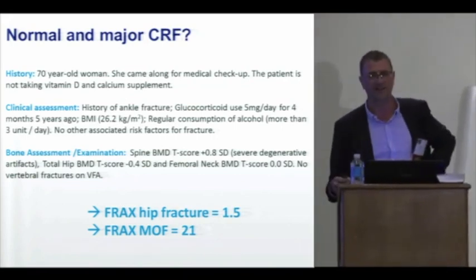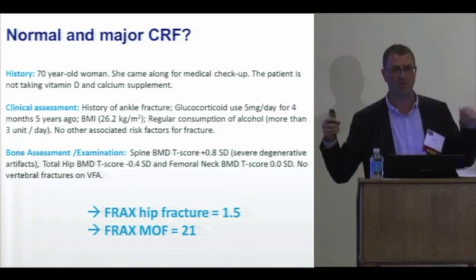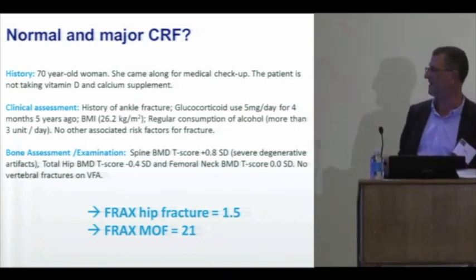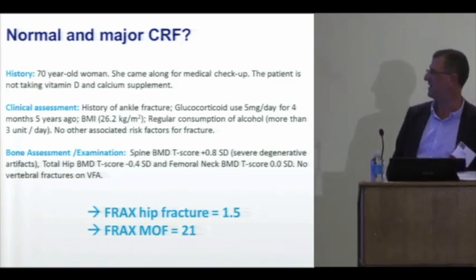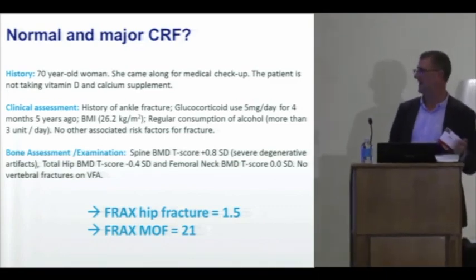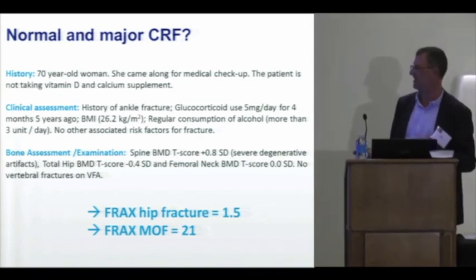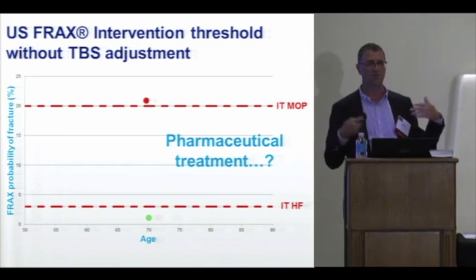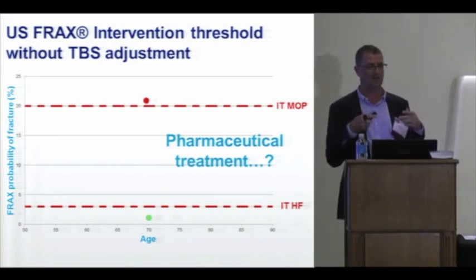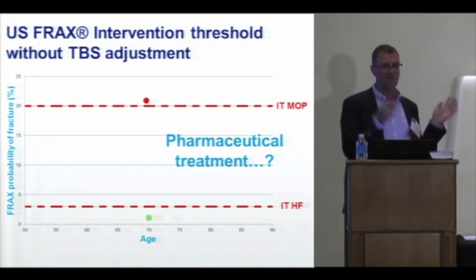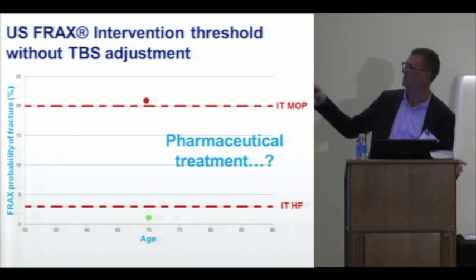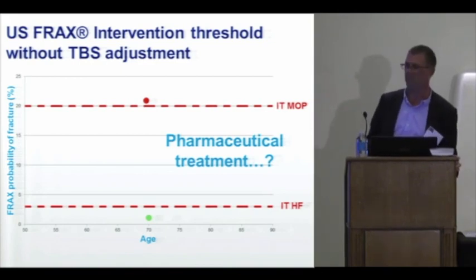So we did the FRAX, and we used the American approach with a threshold of 20% and 3% for the hip, and we had 1.5% for hip fracture and 21% for major fracture. So should we treat or should we not treat? In a case like this, sometimes we have borderline cases. From a clinical standpoint, we were wondering because of the history, but the BMD is okay. One is above the threshold, the other is very far below the threshold.